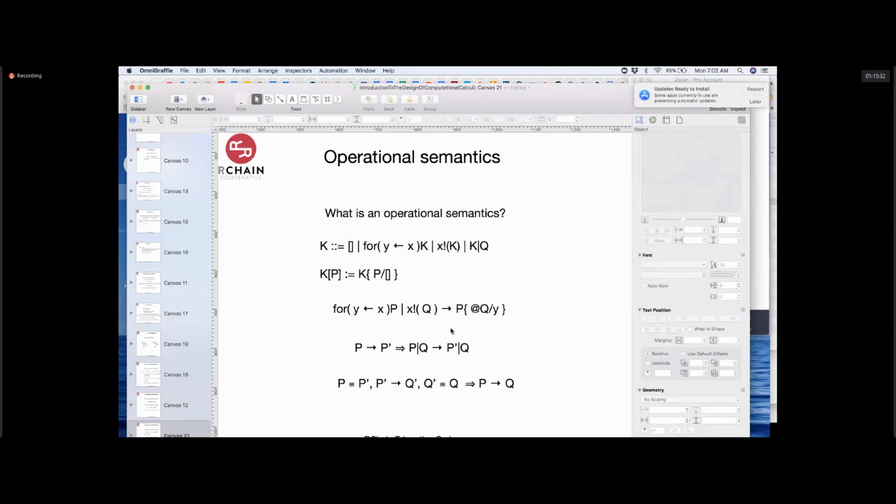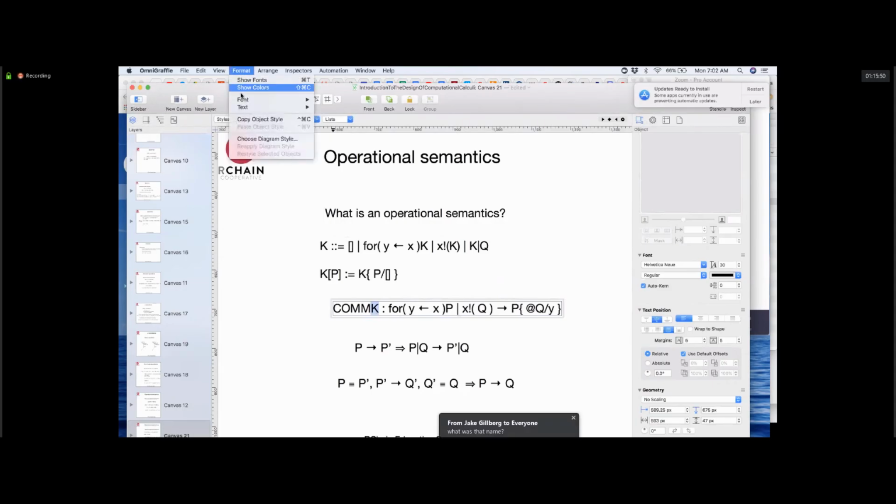But now I'm going to define an infinite number of COM rules. Okay, so this is going to be COM sub k, and this rule is almost there.